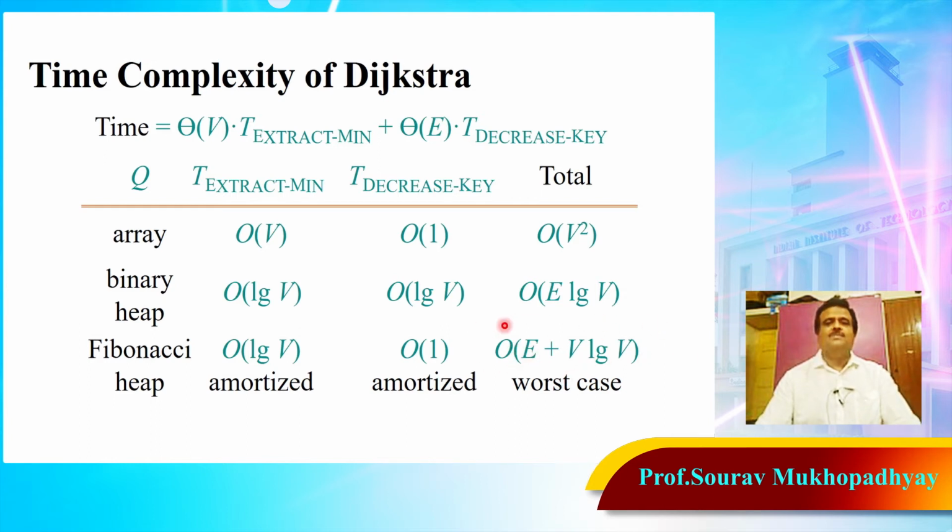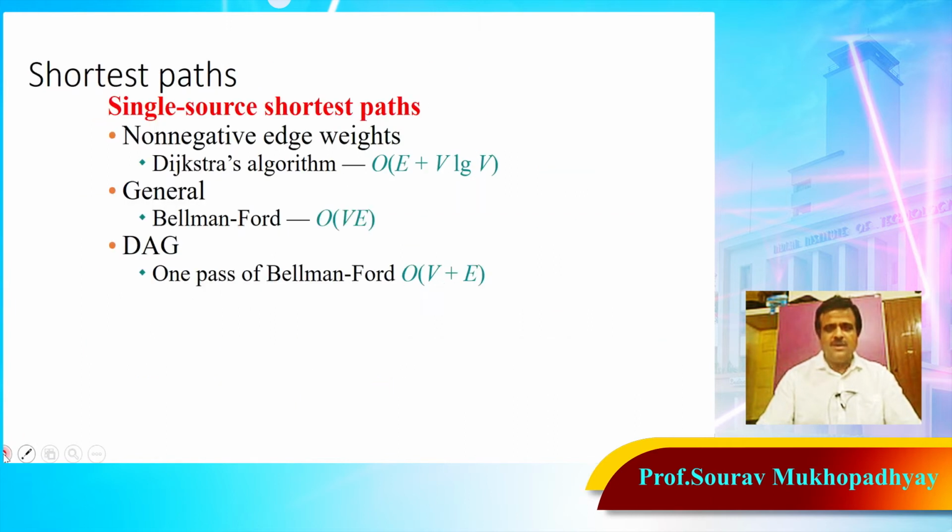We will take this time complexity for Dijkstra's algorithm for single source shortest path, order of V into E plus V log V. This is the time complexity for Bellman-Ford, order of V into E, and this is the time complexity for a directed acyclic graph.